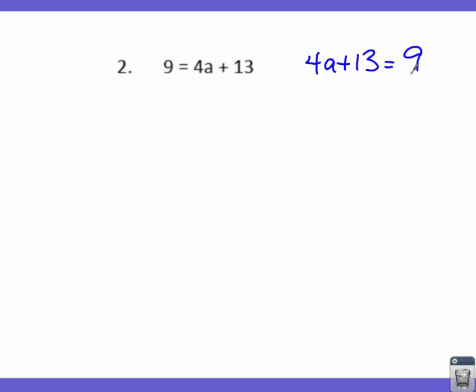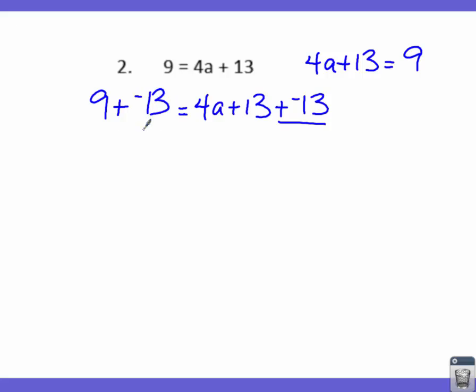But I'm going to keep it exactly the way it is, and I'm going to start on the side that has the letter and get rid of the thing that doesn't have the letter. So I start at the equal sign and write 4a plus 13, and to get rid of the 13, I add a negative 13. So I come over to the other side and I write 9 plus, and the new thing I added was a negative 13.